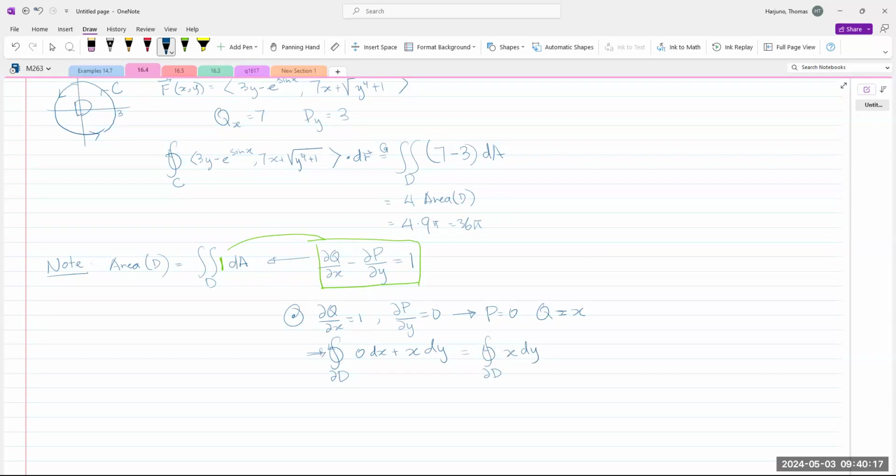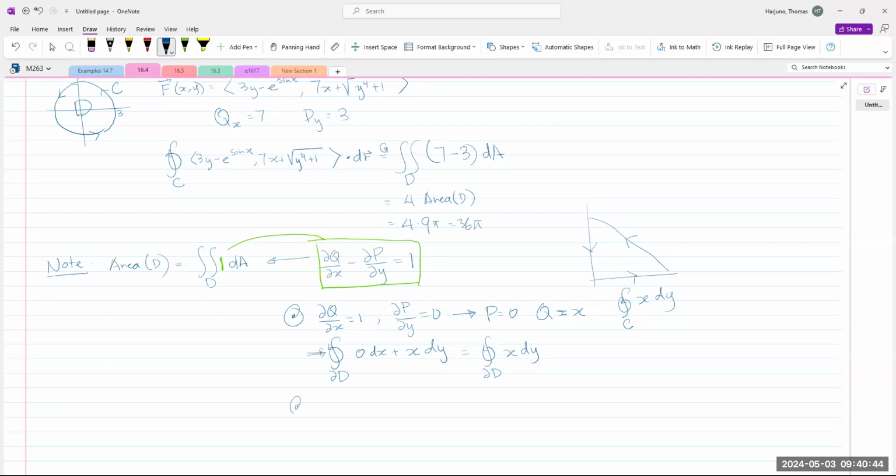In other words, one way to compute the area of D is to compute x dy over this closed curve, the boundary of D, which is C.